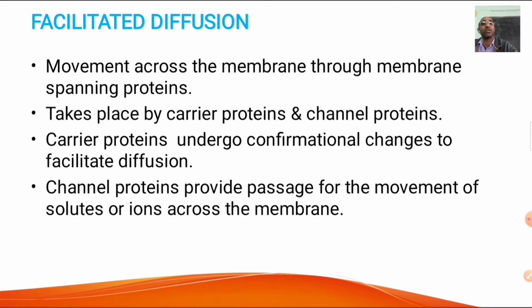So, this is what facilitated diffusion is. It can take place through carrier proteins as well as channel proteins. Carrier proteins bring about the movement by undergoing conformational changes, whereas channel proteins provide a passage through which the movement of molecules or ions takes place.